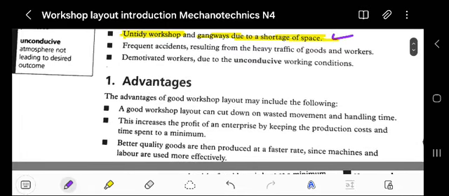Since there is limited space, you must know there will be frequent accidents resulting from heavy traffic of goods and workers. If we have limited space, obviously there will be traffic.